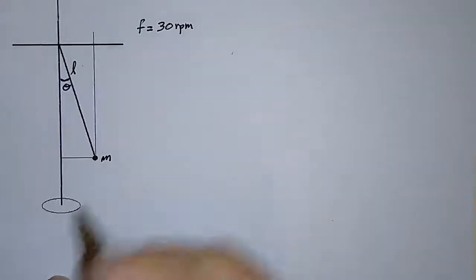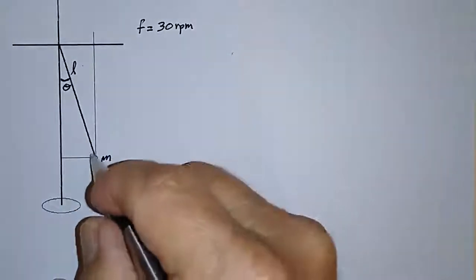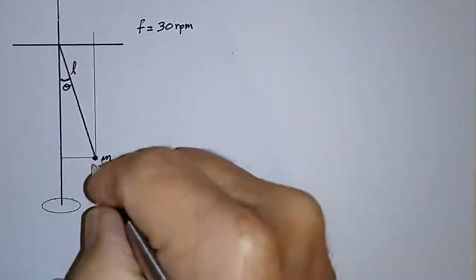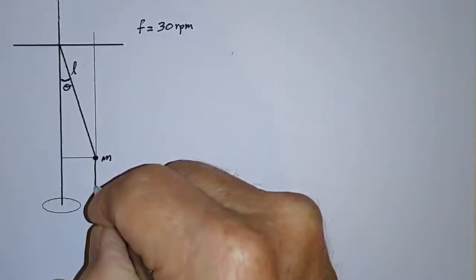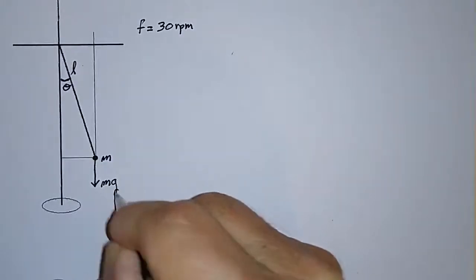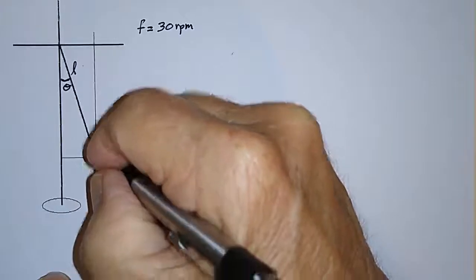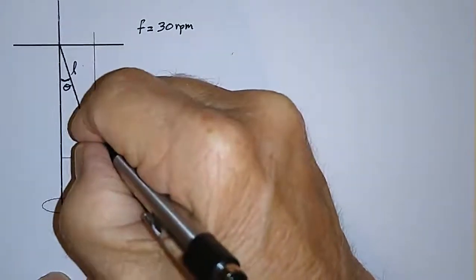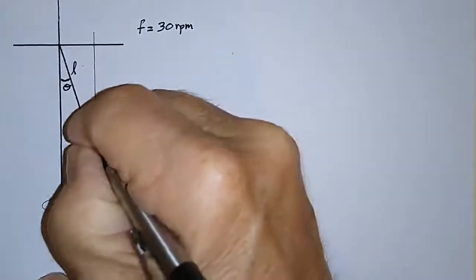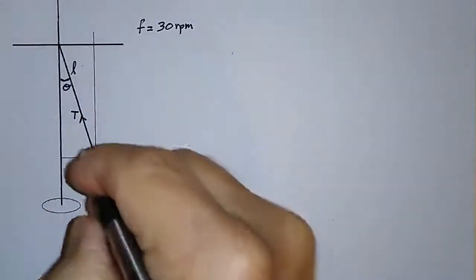Okay, so here's how you go about this. First of all, let's look at the forces acting on the mass M. This is the force due to gravity, which is just mg, and there's the force due to the tension in the cable, which looks like this. There's a tension in the cable acting in that direction.